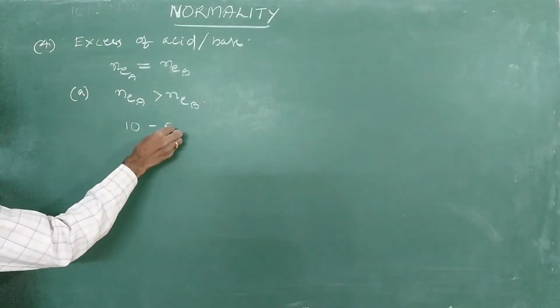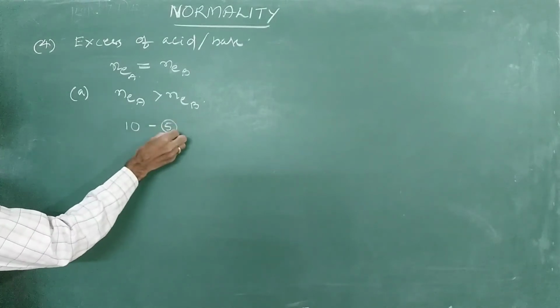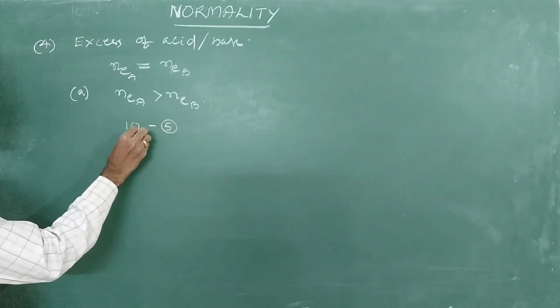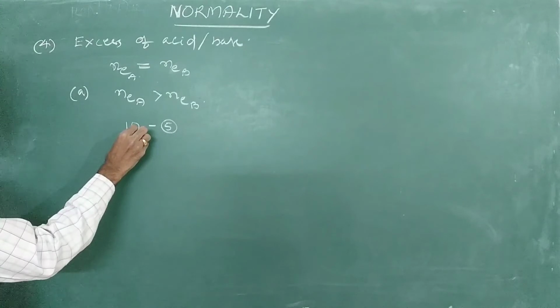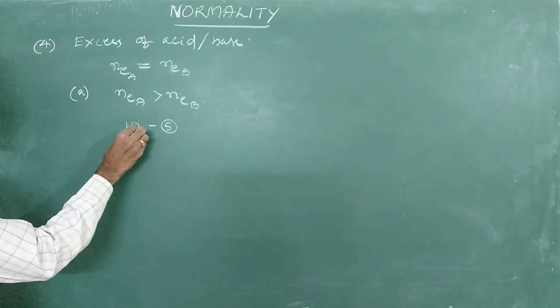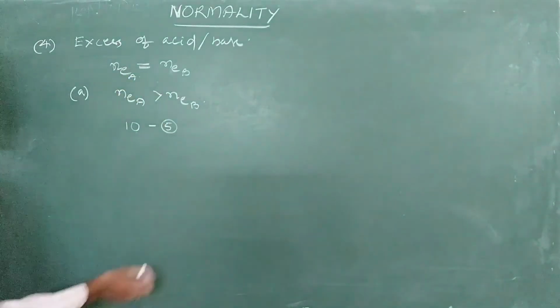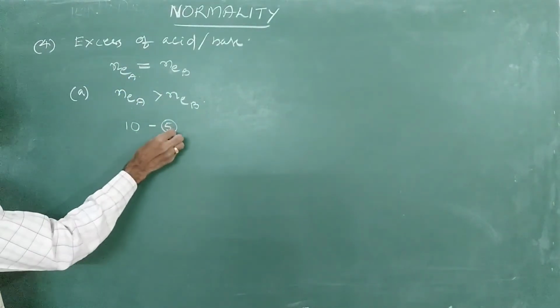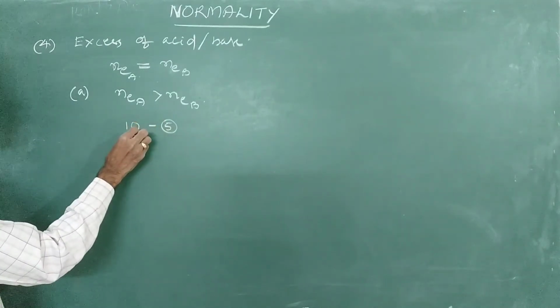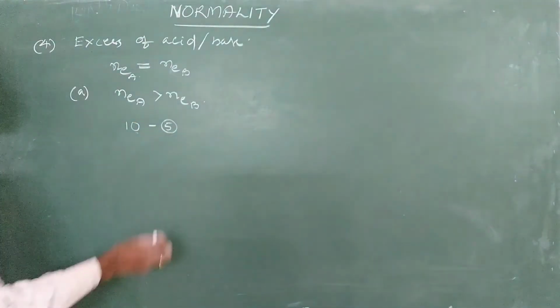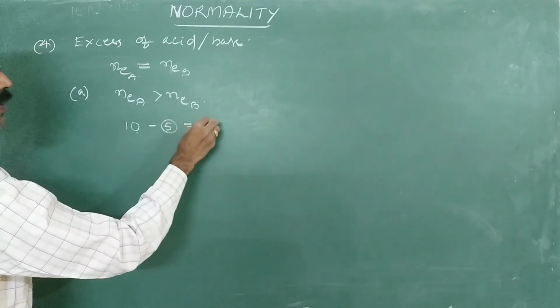Now these equivalents of base will be neutralized by acid. How many equivalents of acid are consumed? 5 equivalents, because number of equivalents of acid is equal to number of equivalents of base. So 5 equivalents of base are neutralized by 5 equivalents of acid. So what is the number of equivalents remaining? 5.